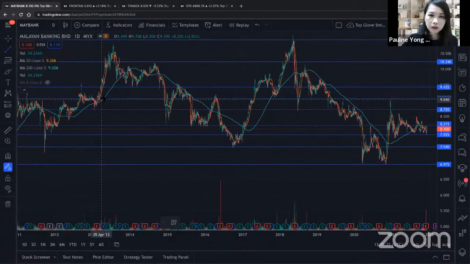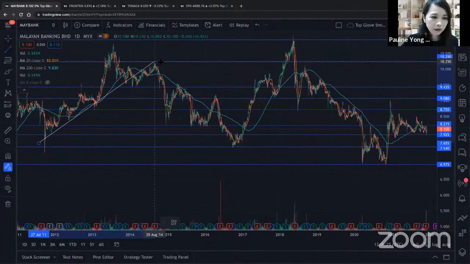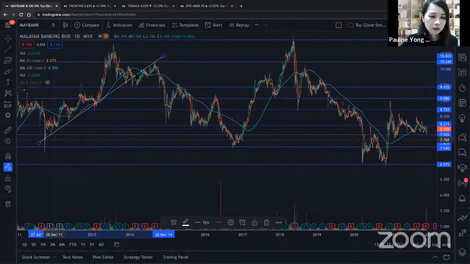So it's about a 3-year trend line. I can draw like this, that coincides with my 200-day moving average line. I touch here, touch here, touch here, and here. So it's a valid trend line here.